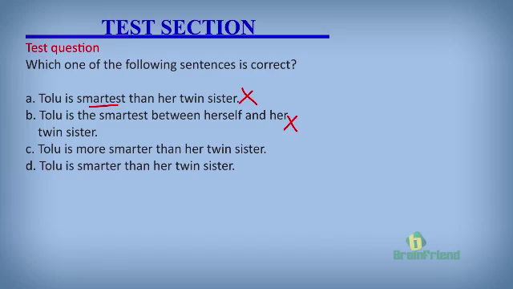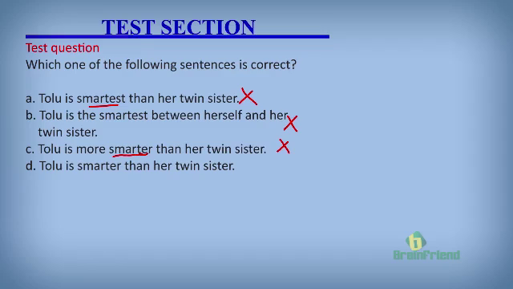Is that correct? Not really. More smarter. We do not add more to words like smart. Why? Because you can easily add ER. So this is wrong. Remember we said we use more when we have words that have more than one syllable. And the word smart has just one syllable.